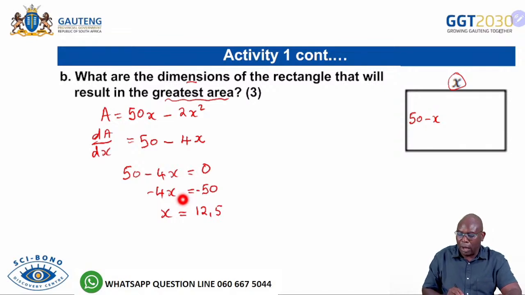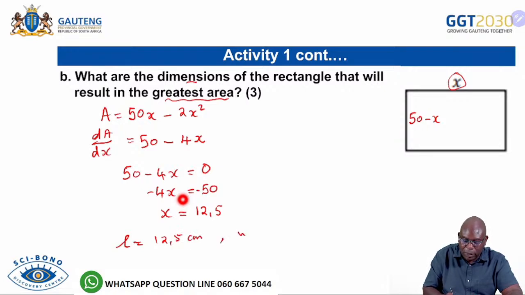Right. So now I've differentiated that. It's 50x minus 2x squared. Differentiated, we get that, and then we get that x. So how am I going to get the dimensions of that? It means that my length there is going to be 12.5 in centimeters.